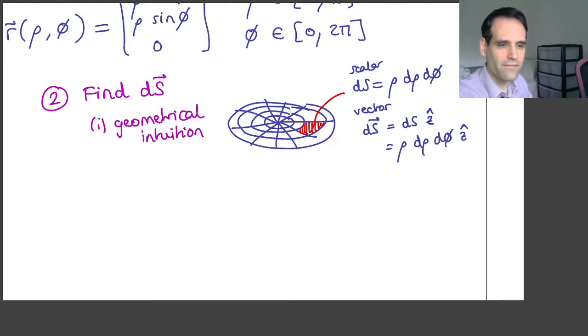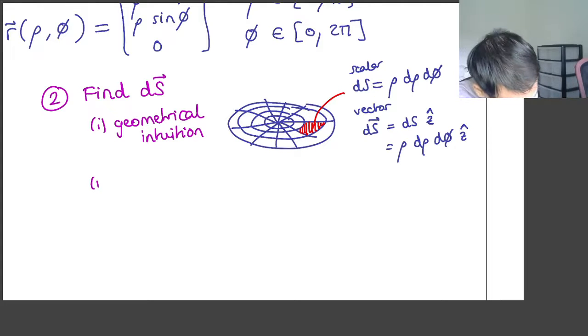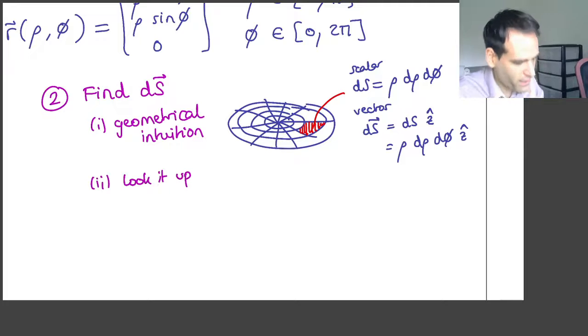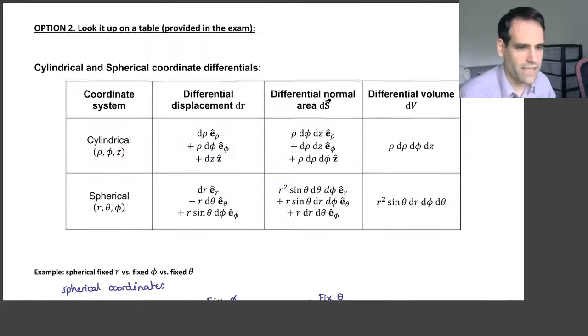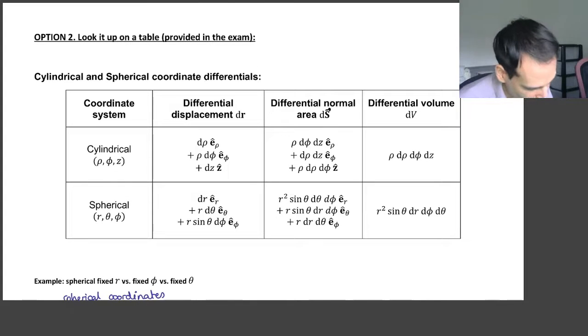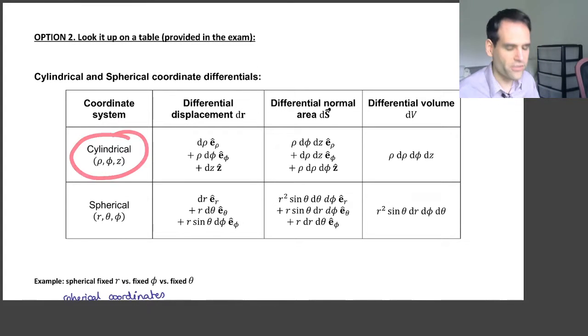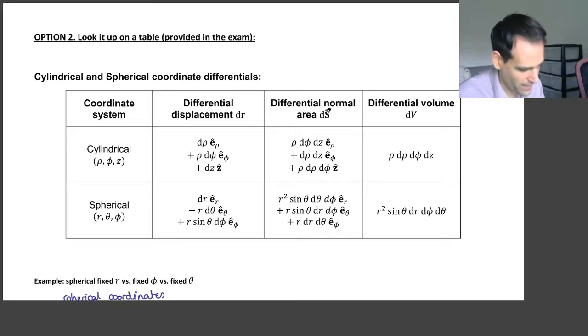If you don't like doing it by intuition, you can look it up on the table. So let's see how we would do that. Let me go to the table. So this is the table given in the exam. We are using cylindrical coordinates, and our two parameters are rho and phi. Therefore, dz is a constant, so dz is 0.